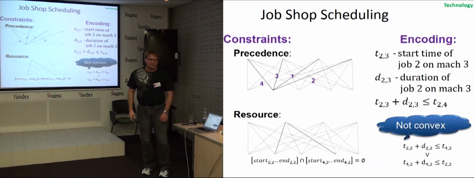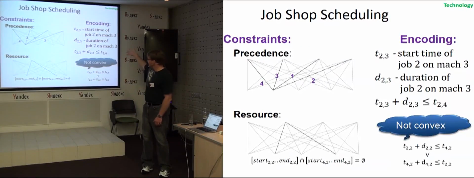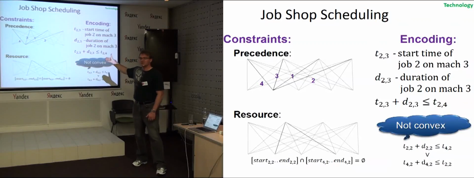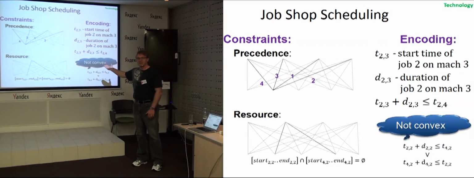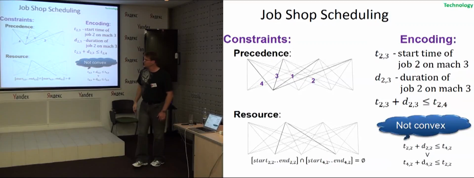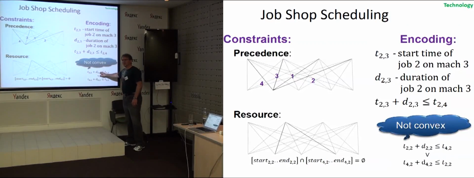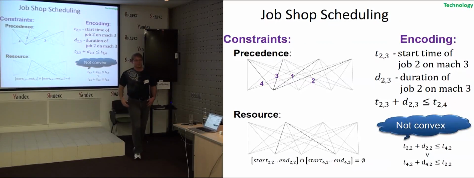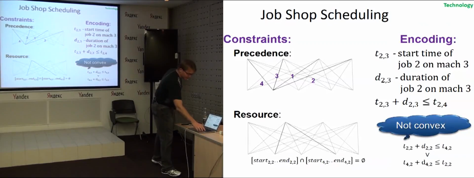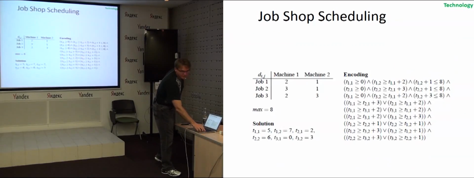You can express this in logic by associating a start time and a duration with a task. And a point here is that the formulation of the resource constraint is a disjunction, so it's a non-convex feasibility problem. And so here's an example.